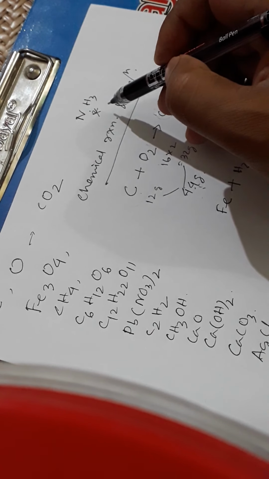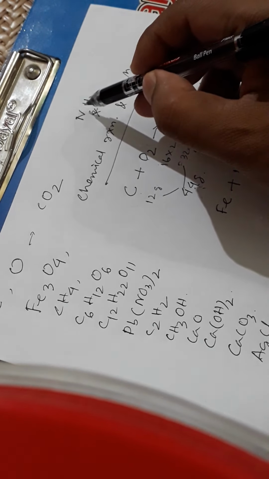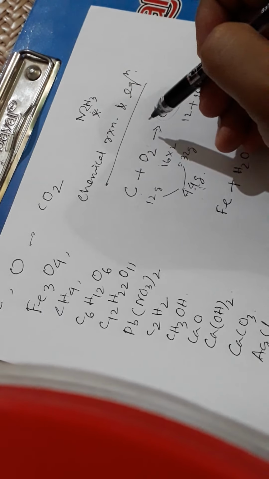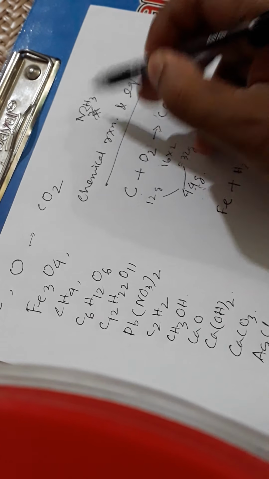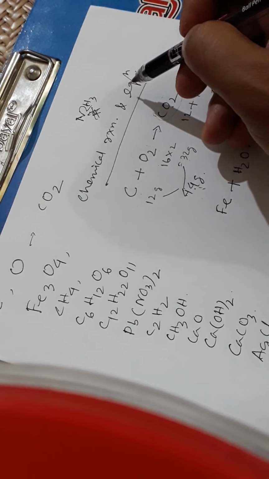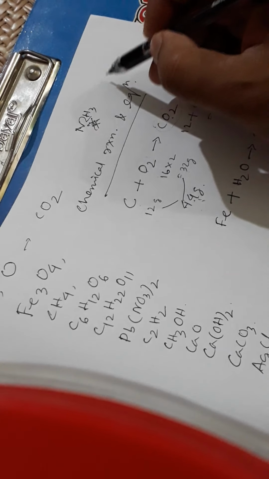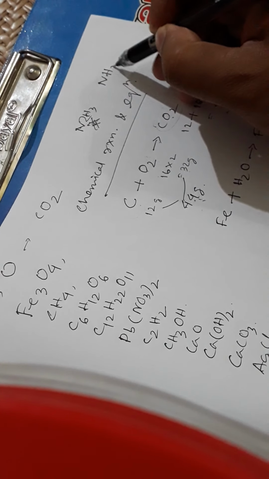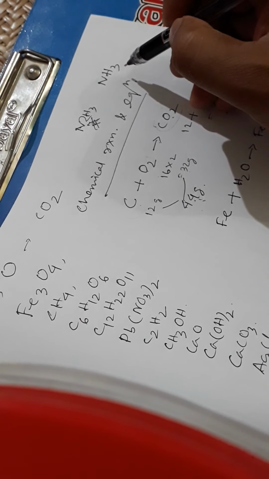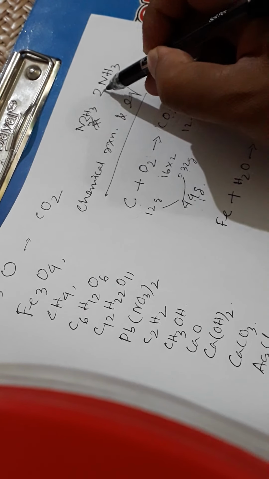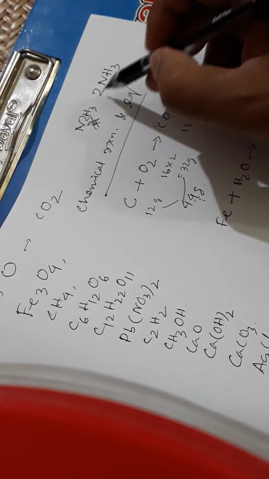You cannot write like this, or put any number within these two atoms like this. So what can you write? If you want to put 2, then always put 2 before the formula, like this.